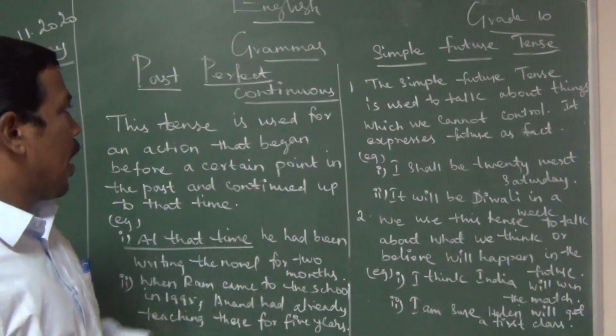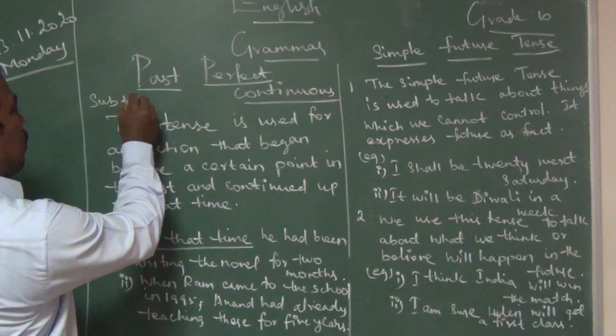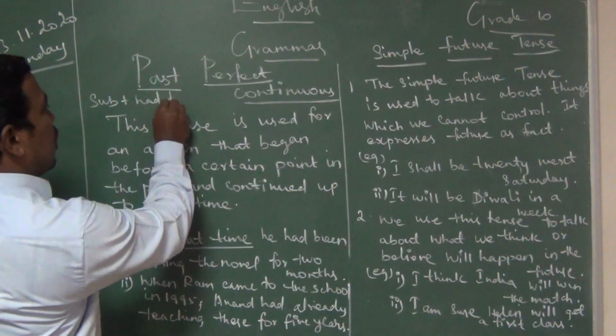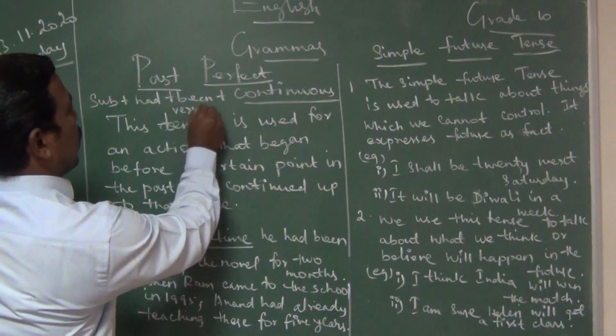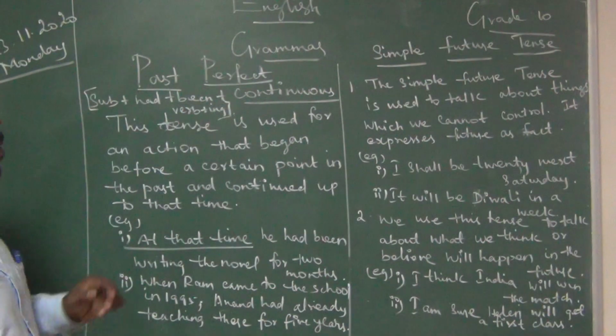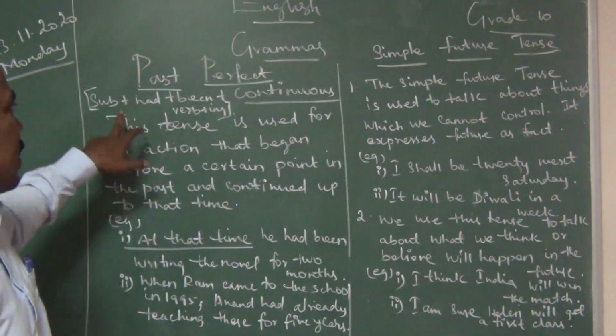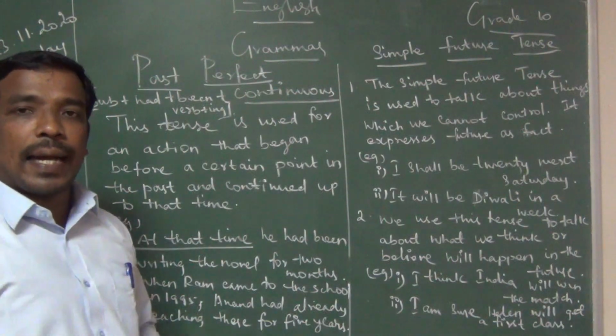I already said the structure of past perfect continuous. What is the structure? Subject plus had plus been plus verb plus ing.